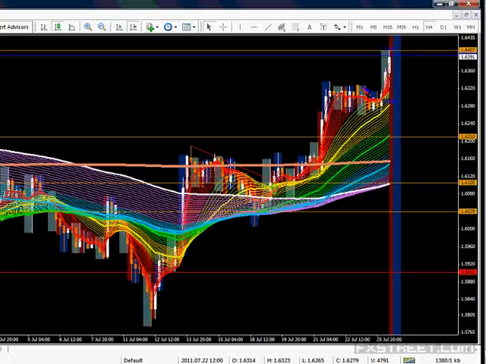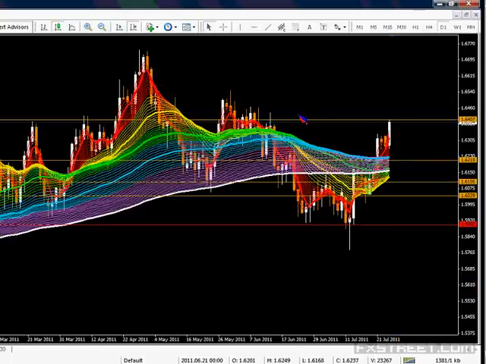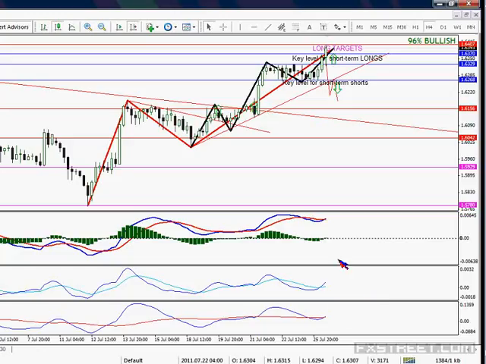Because basically, as far as I see on GU, this is indeed a possible target, and it's a previous resistance. I'm expecting 164 to hold, but apart from that, there's nothing technical supporting shorts. Okay, there are some divergences. They did not yet come into play, so you don't know yet if you can trust them.